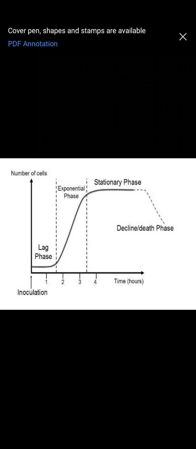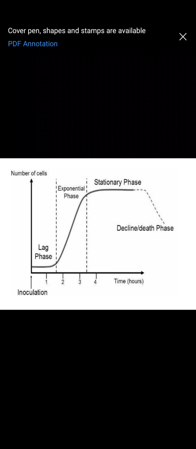Similarly here also, before the multiplication starts, the organism needs to keep all the substances, all the components, all the enzymes that are required for the replication. It has to synthesize these new components. So it is taking time for synthesis of these new components that are required for replication. That is the reason that it is still in the lag phase.